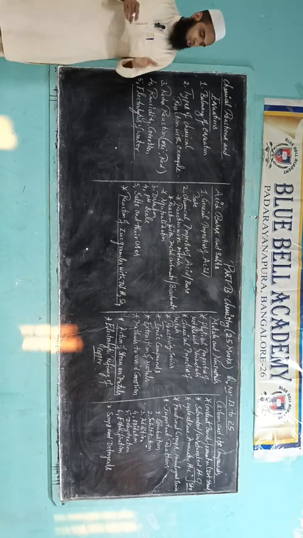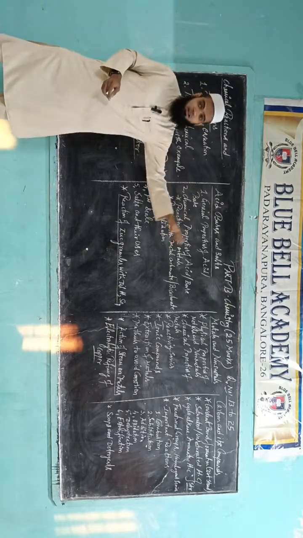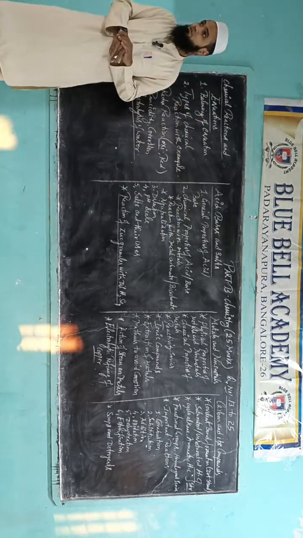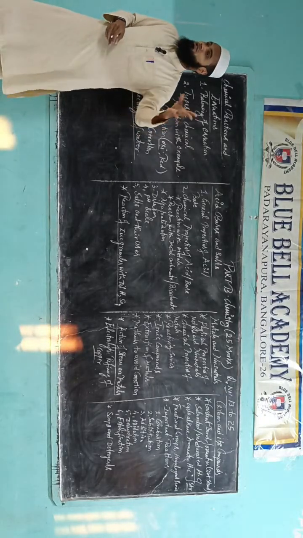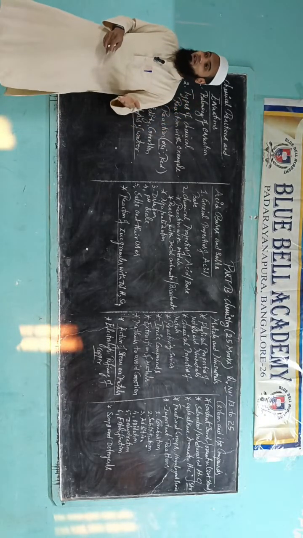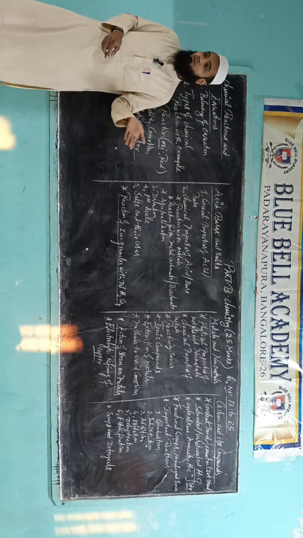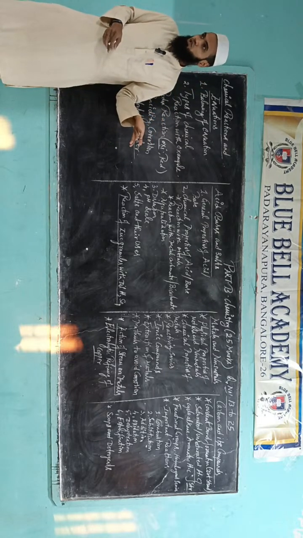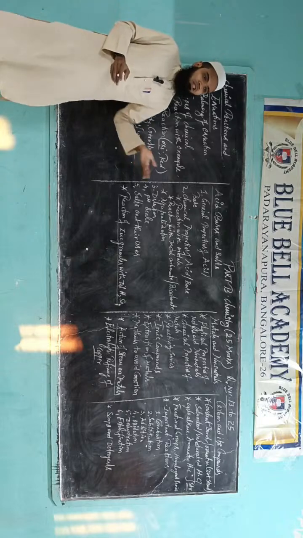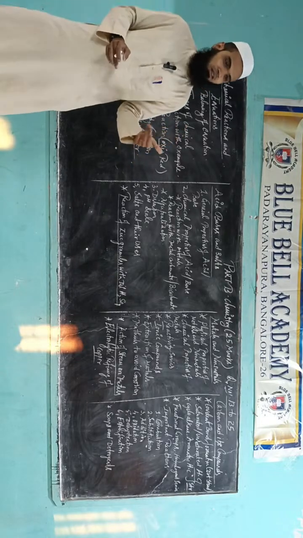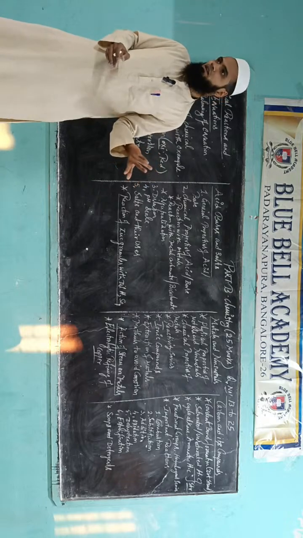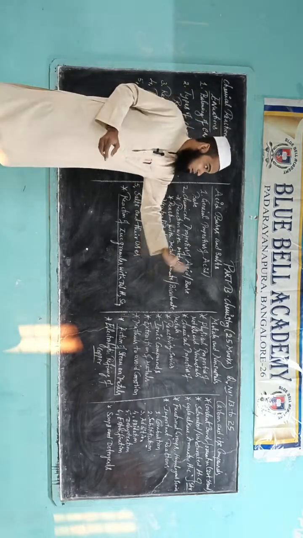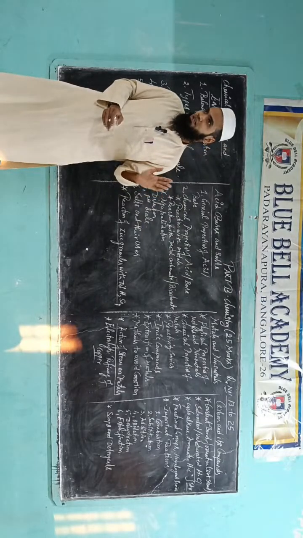Then the final one is corrosion. As you know, we will learn corrosion in metals and non-metals also. Any metal, if it reacts with air, water, moisture or acid to form an undesirable compound called rust, the process is called corrosion. In the first chapter only two methods have been discussed to avoid corrosion: painting, and applying oil and grease. More methods are there in the metals and non-metals chapter. Later we'll discuss that.